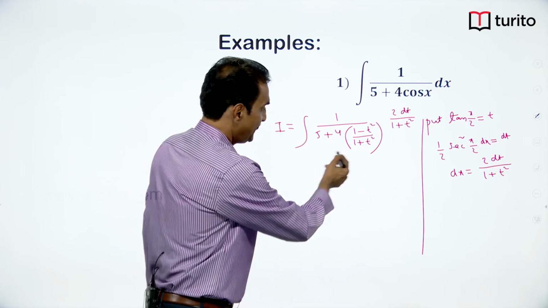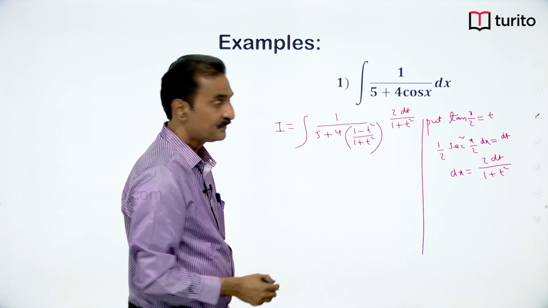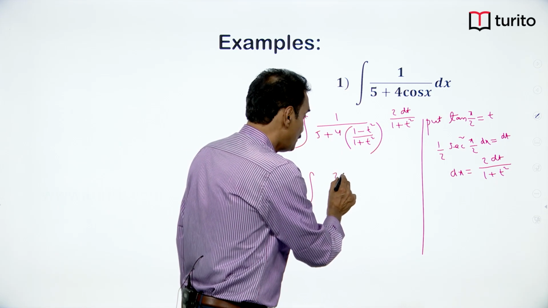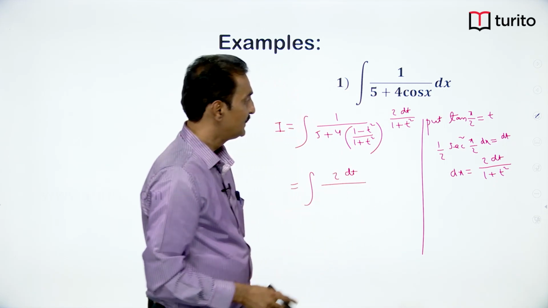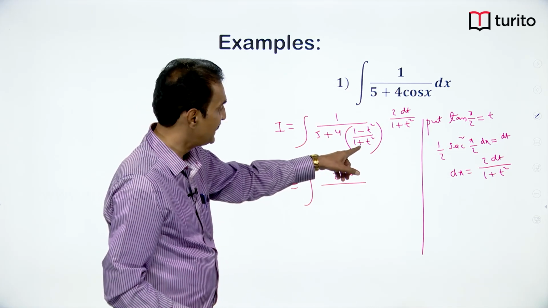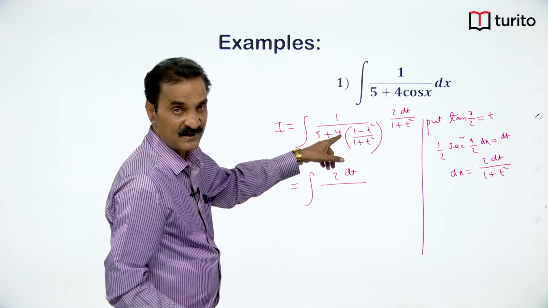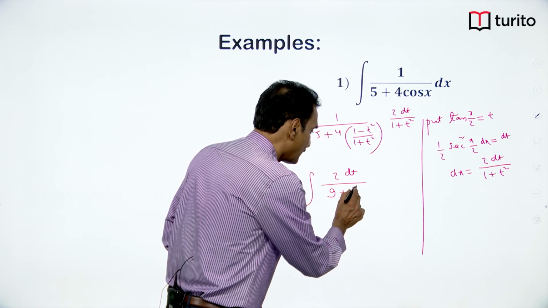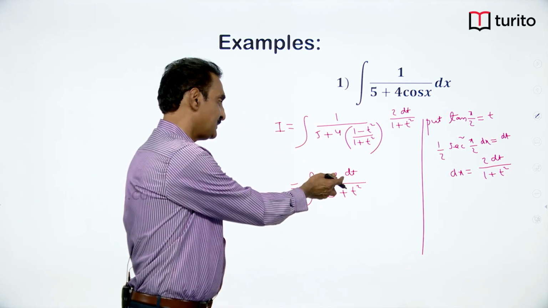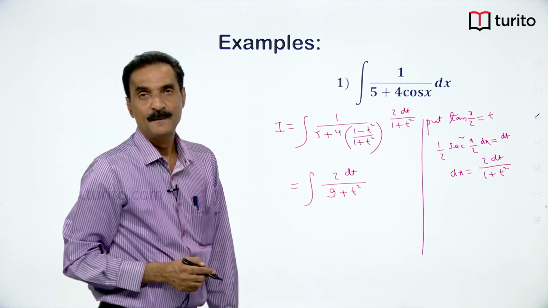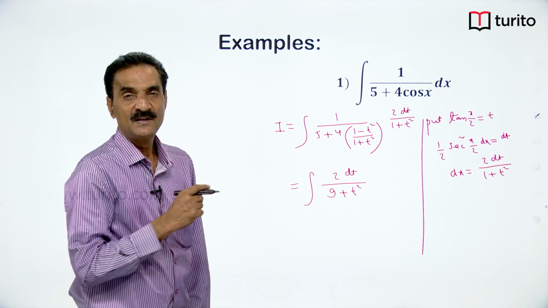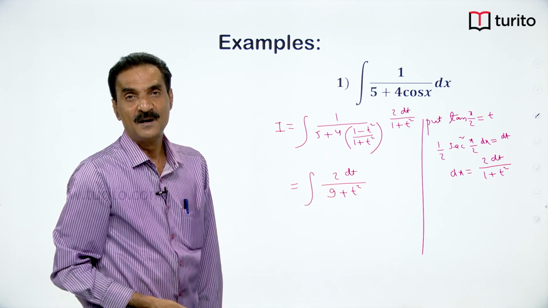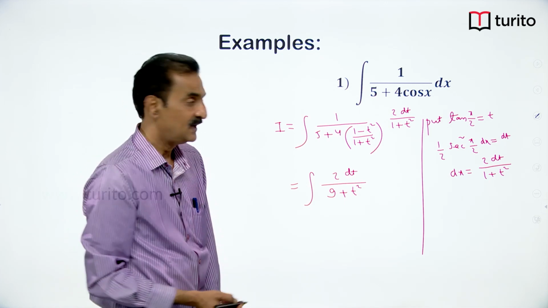Simplify it. If you take LCM 1 plus t square, it will cancel. Integral 2 dt by, what will we get after cancellation of 1 plus t square? 5 into 1 plus t square plus 4 into 1 minus t square, that will be 9 plus t square. You can take 2 outside. What is the remaining? Integral 1 by 3 square plus t square. What is the formula? 1 by a tan inverse x by a.